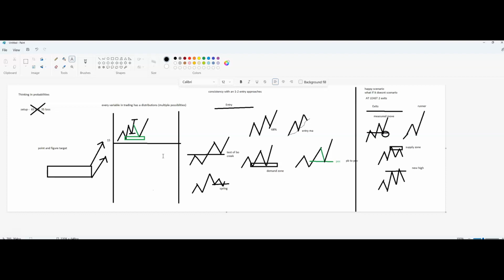So they will take whatever edge they use. So one will use breakout, one will use pullback, and then they'll say something like, okay, if it's there, does it have a big wick? Is it a pin bar? Is it a key reversal bar, or whatever? It's this number of edges.